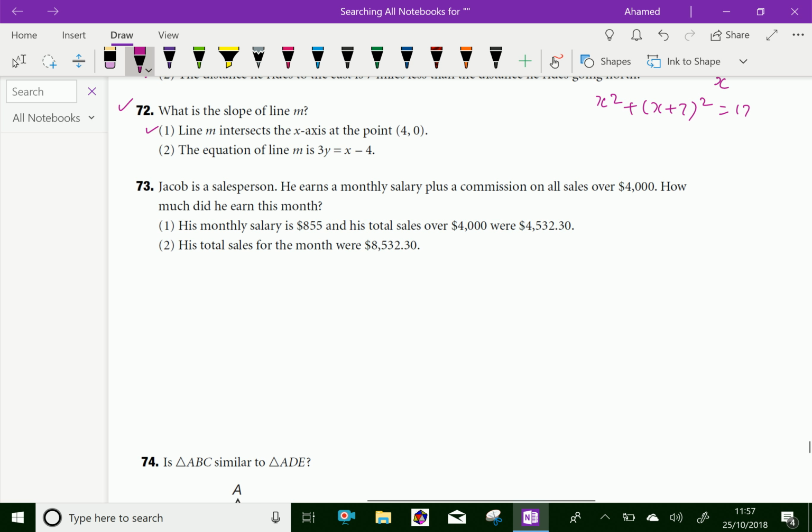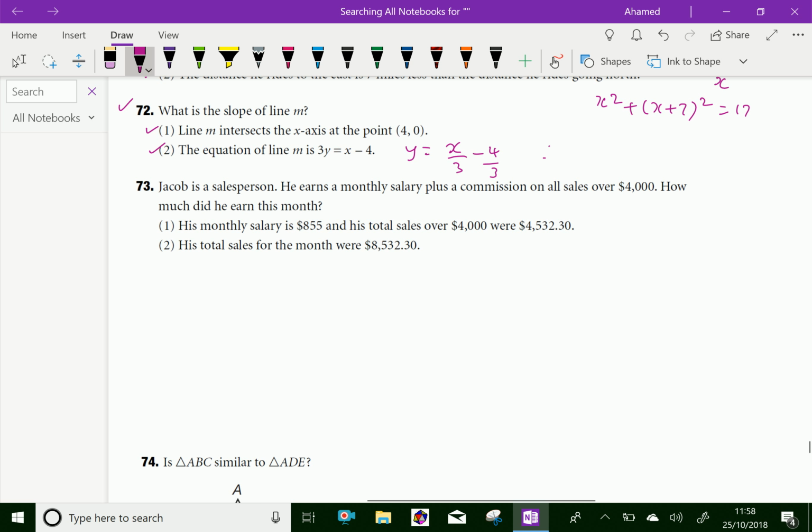Next, statement 2: the equation of the line M is given as 3y equals x minus 4, therefore y equals x by 3 minus 4 by 3.